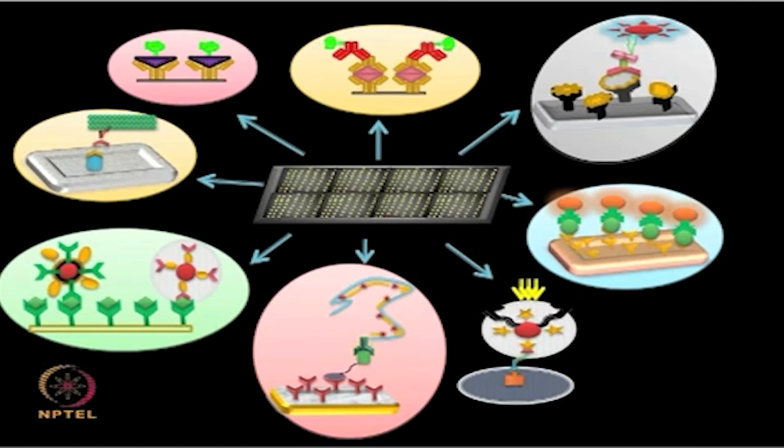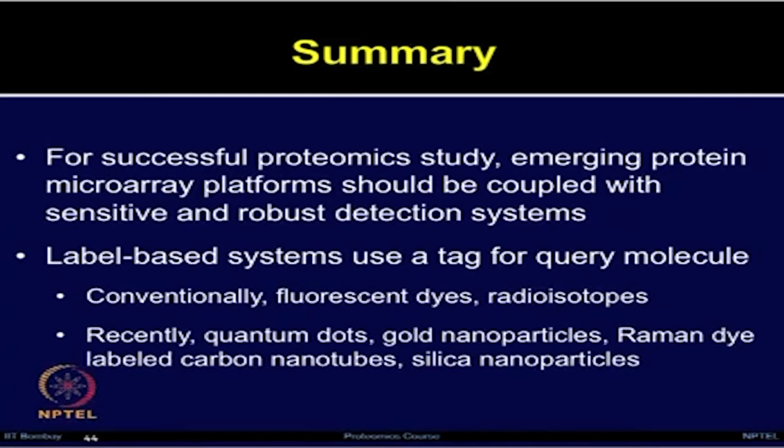Although fluorescence based methods still remain one of the most commonly used platforms for various microarray applications, there is an increasing trend to try out new labels, so that one can achieve an ideal system which can be applied for microarrays and also provide a good detection system with high specificity, sensitivity and large dynamic range. So, in summary, for a successful proteomics study, the emerging protein microarray platforms should be coupled with sensitive, rapid and very robust detection systems.